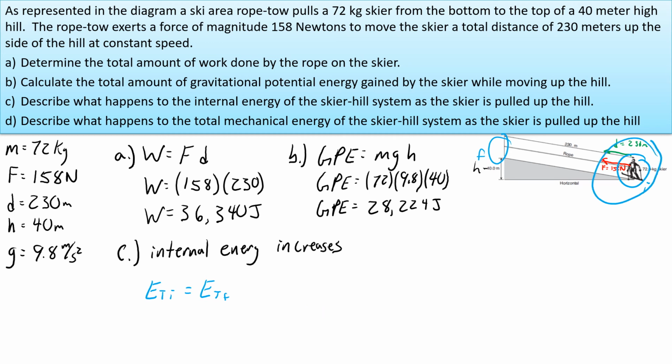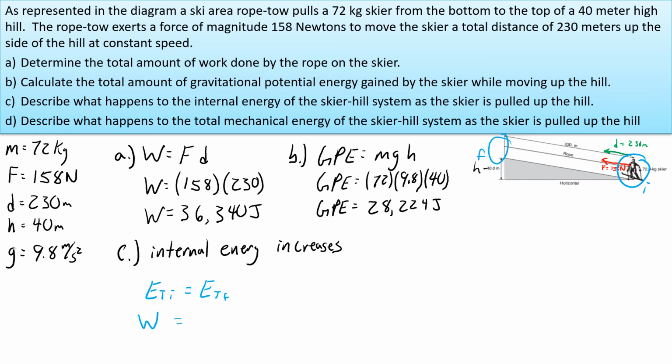Right now, I'm not moving. I don't have any height. Actually, this is a tricky way to look at it because we are doing work on the system. So there's this outside force doing work on the system.